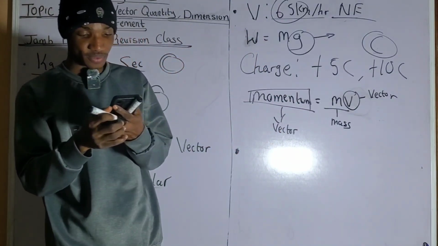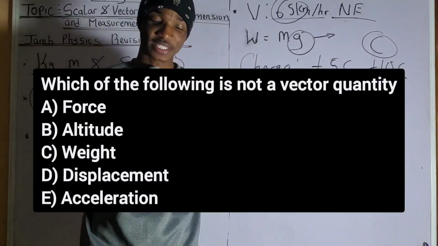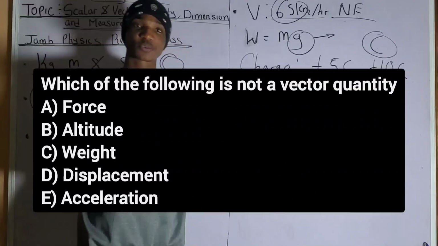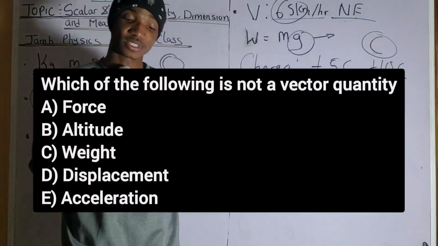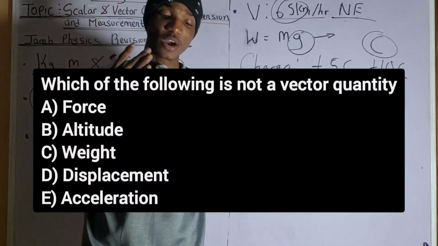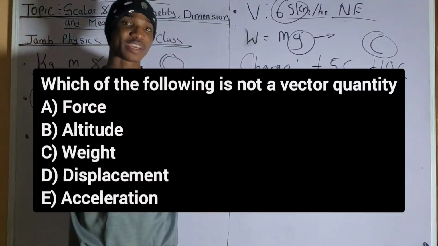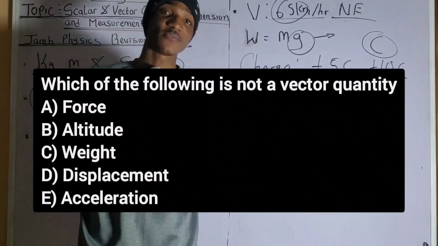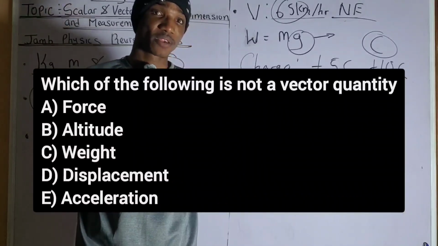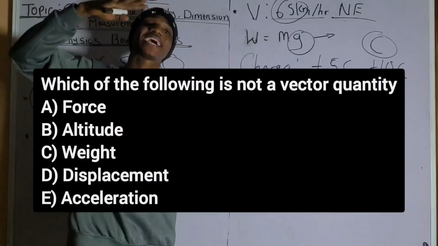Here we have, which of the following is not a vector quantity? We are asked to examine the options. Which of the options is not a vector quantity? You can see now, we have force. Do you know what you are looking for now? We are looking for a scalar quantity in this option. So now you have force. Force is a vector quantity. Altitude simply means how high an object is.